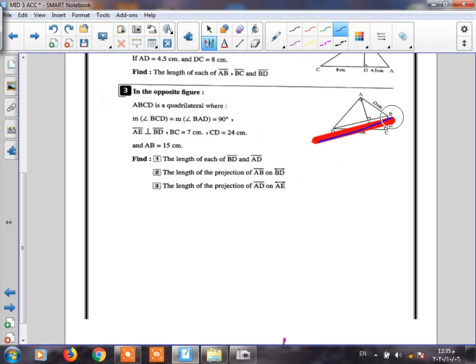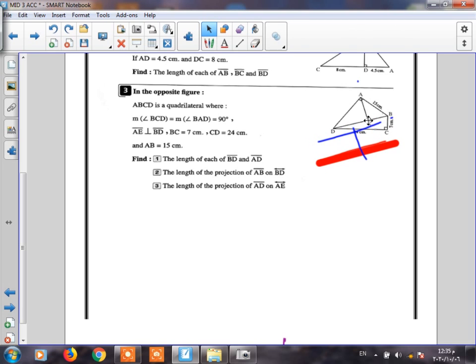And point A, what is the projection of point A on the red line? If I draw a line from A perpendicular to BD, which is the red line, I will find that it lies on the point E.